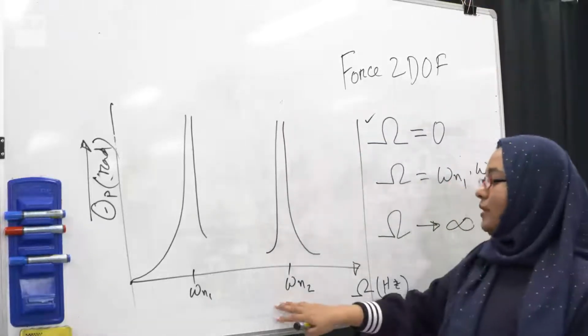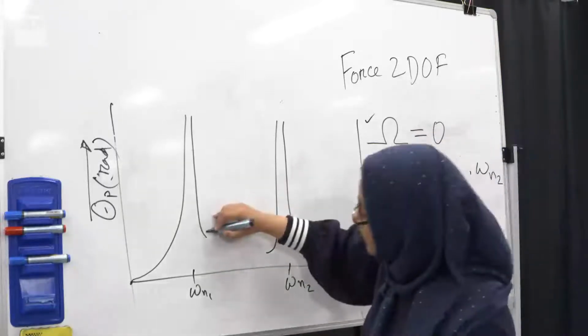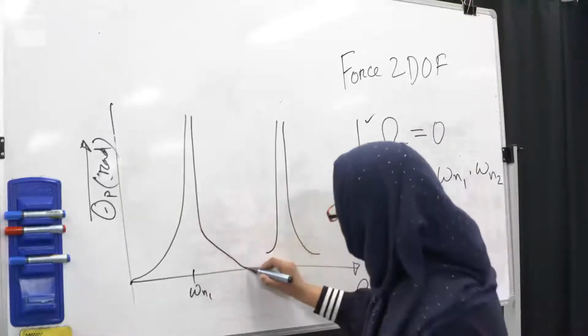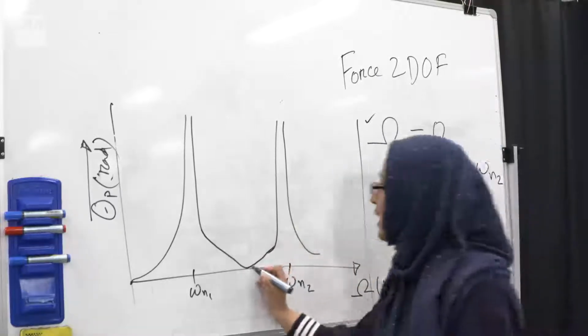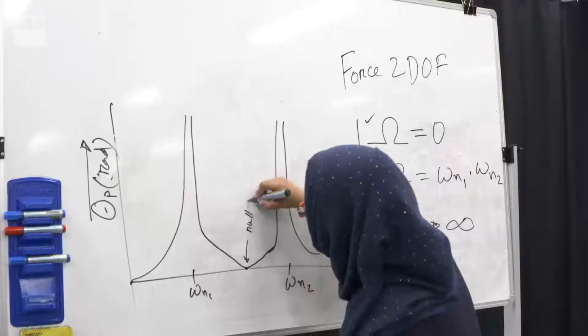In between these 2 natural frequencies, there will be one point where the amplitude will be 0, and at that point we name it the null point.